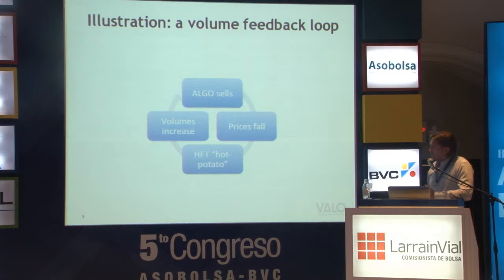It sold quite a lot, but it was not that bad at first. The problem was that the prices started to fall because of the macroeconomic uncertainty, and the HFT guys first provided liquidity to this algo, but because this amount was so huge, after a few minutes the HFTs actually didn't want to provide liquidity anymore.